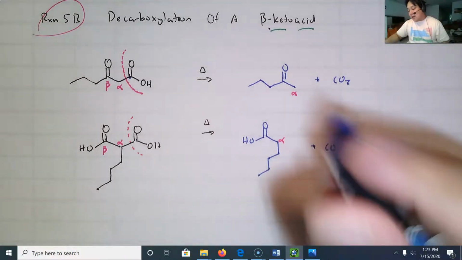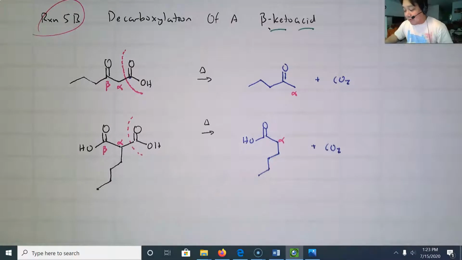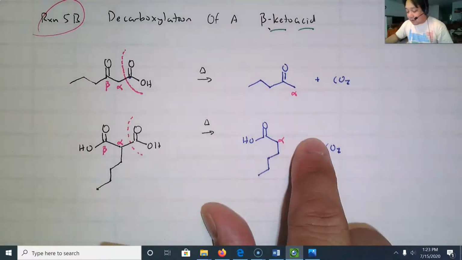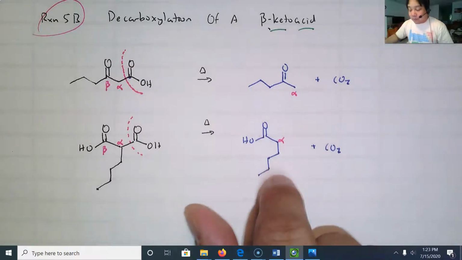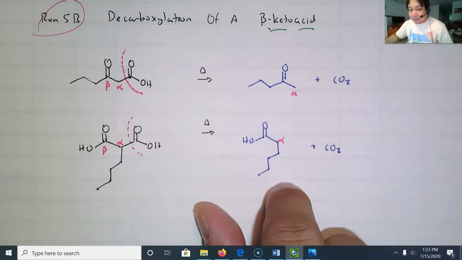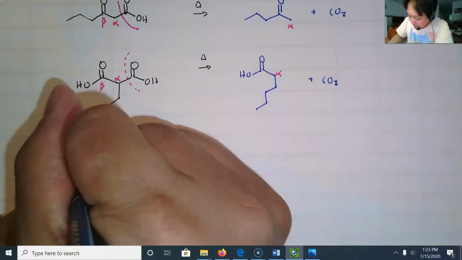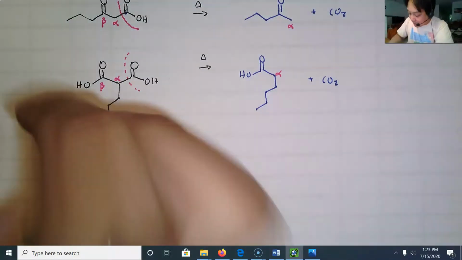Now, there could be a way to remove this carboxyl group if somewhere else on the molecule there was a beta-keto group. Let me do that example, and then the mechanism.